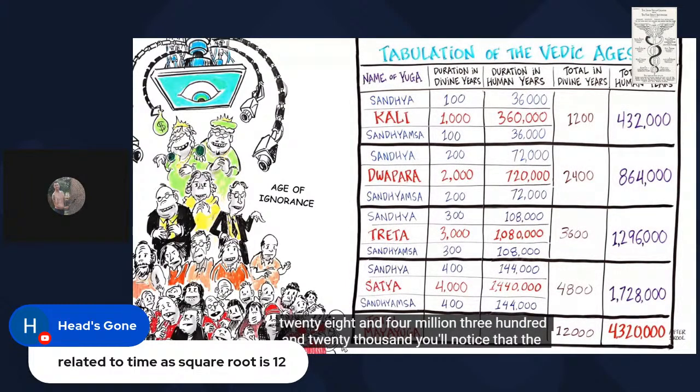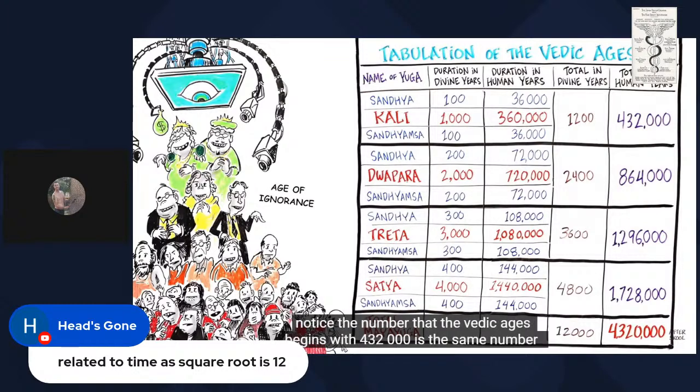You'll notice that the total, the Mahayuga, the Great Yuga, is 10 times the length of the Kali Yuga. That's because the Dwapara is twice, the Treta is 3 times, and the Satya is 4 times. Taking the original term, doubling it, tripling it, then quadrupling it, and adding those together gives us 10 times the number we started with.